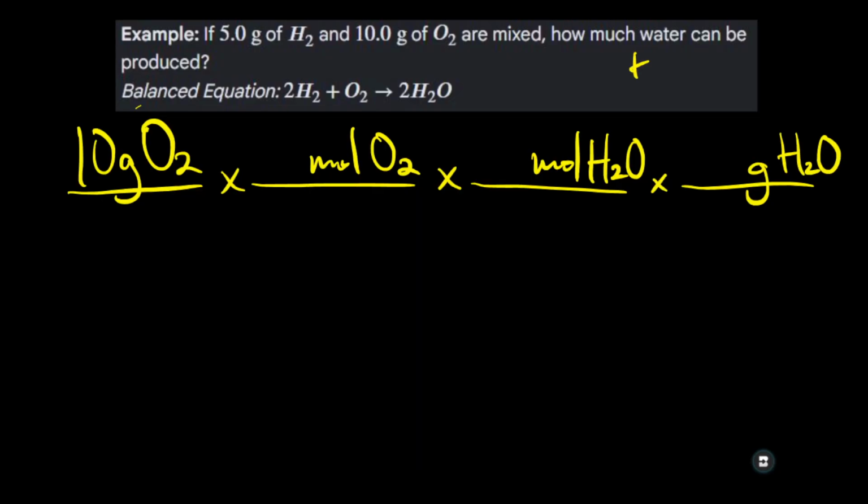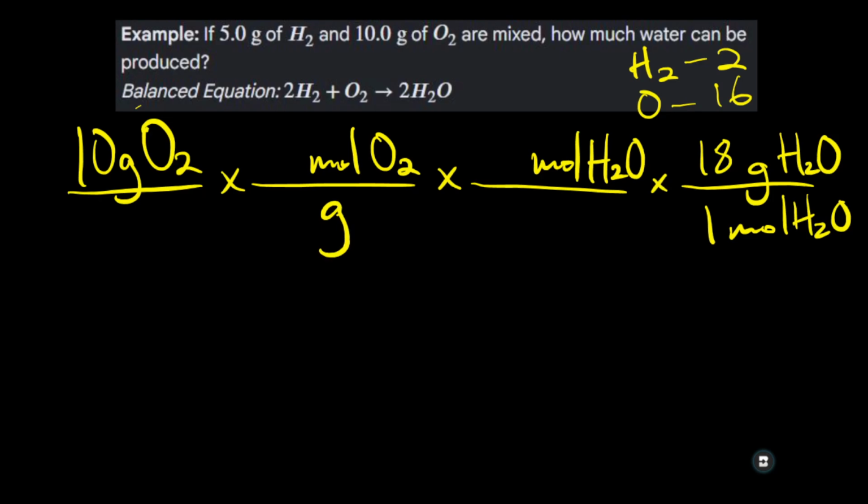For H2O, water, H is 2 and O is 16, so 18 grams per 1 mole of H2O.